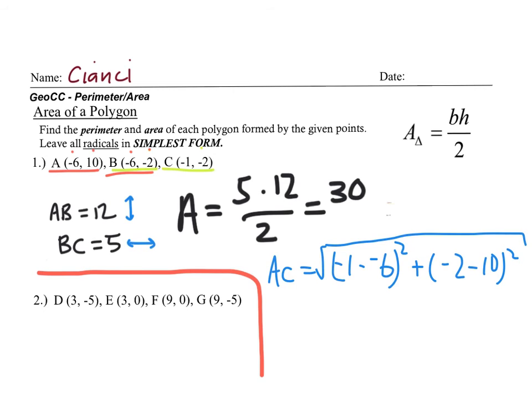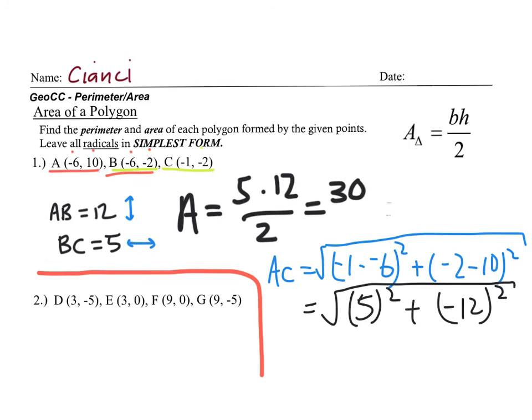So this comes out to be 5 squared plus -12 squared, still taking the big square root of that, it's 25 plus 144, big square root.